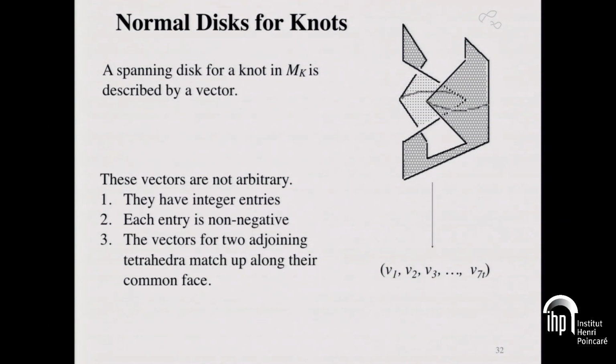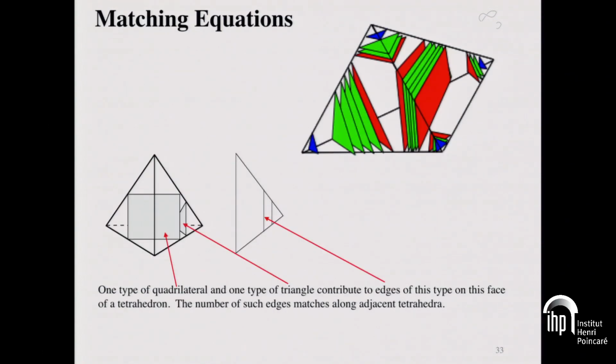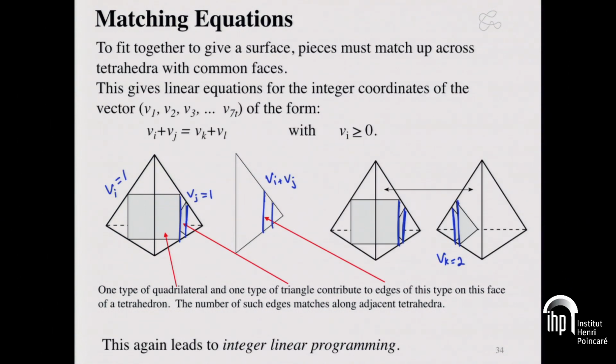And just like before, there are some conditions on the integers you get from these vectors. Namely, when you have 2 adjacent tetrahedra, the normal surfaces in each one have to match up along the common triangular face. So let's see a little example here.